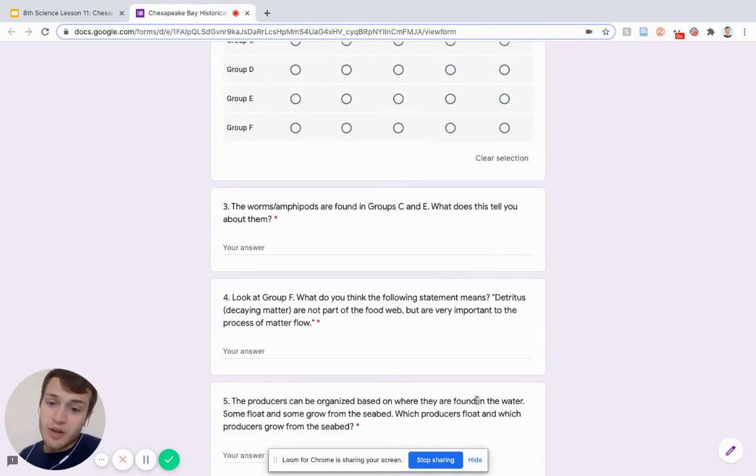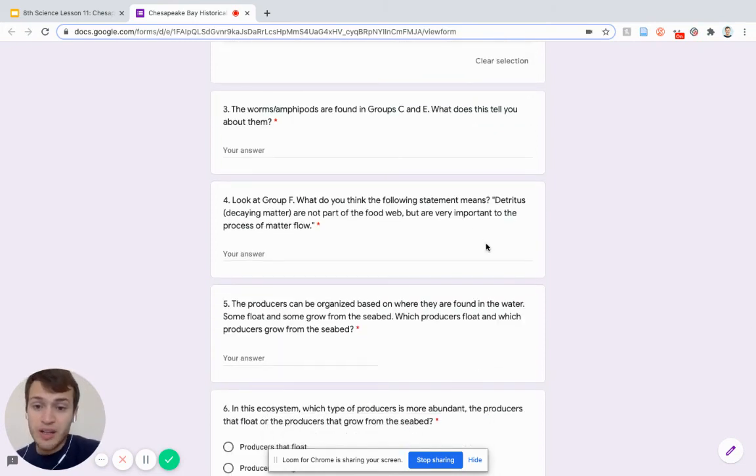Number 3, the worms and amphipods are found in group C and E. What does this tell you about them? Number 4, look at group F, which is detritus and decaying matter. What do you think the following statement means? Detritus, decaying matter, are not part of the food web, but are very important to the process of matter flow.